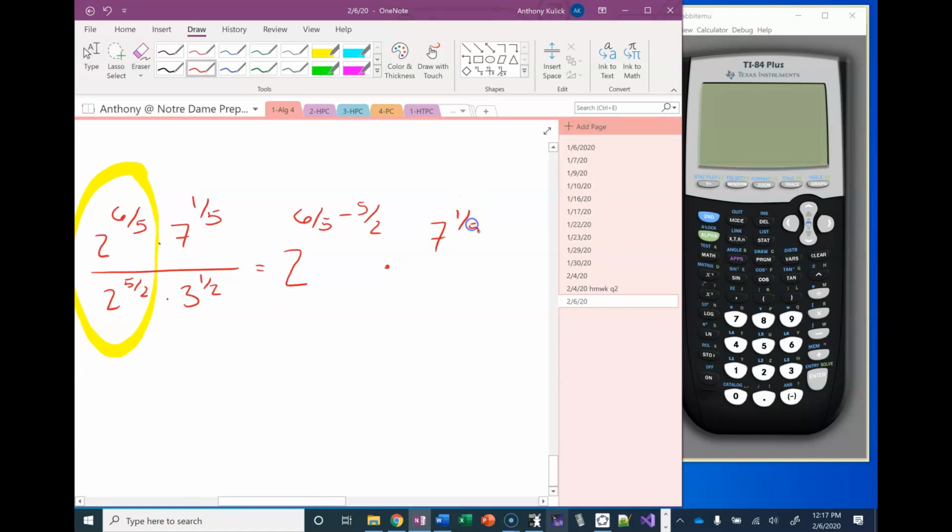And then I still have this fraction multiplying. Everybody okay there? Okay. To subtract 6/5 and 5/2, what do I need? Common denominator. What would the common denominator be? 10. So I need to multiply the first fraction by 2 and the second fraction by 5. Everybody okay there?